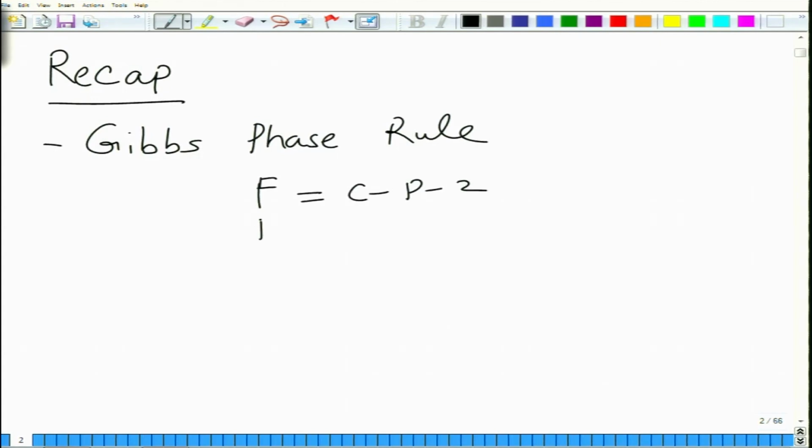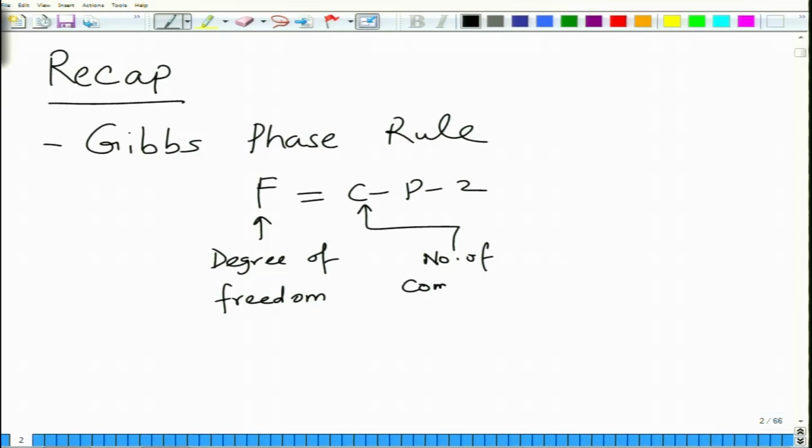F is the degree of freedom, which is the number of independent variables, C is the number of components. Components basically means free species, so you can have elements or compounds in a pseudo binary diagram. P is the number of phases.